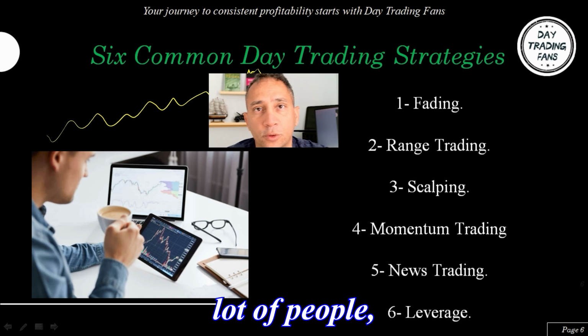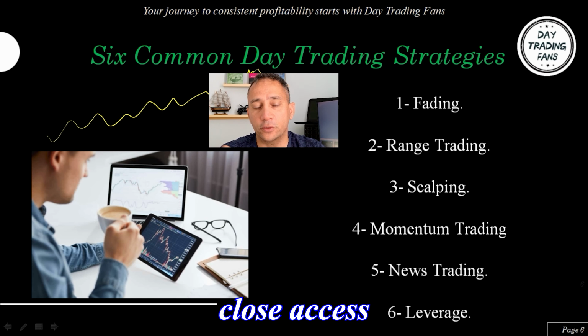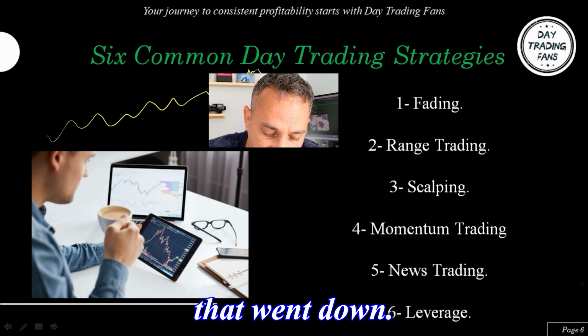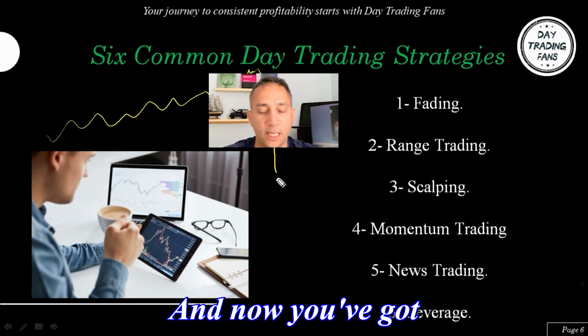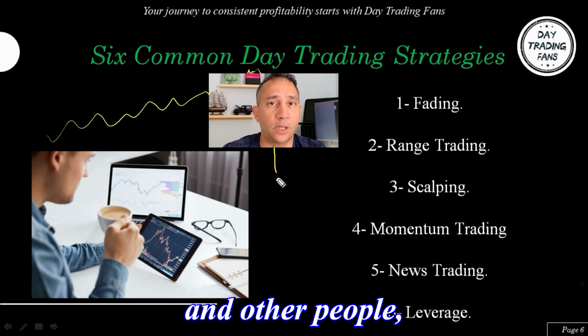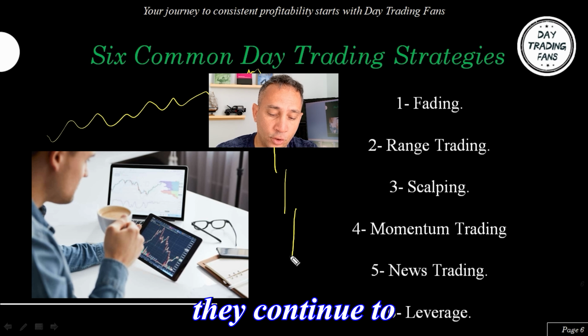Now a lot of people, especially those who do not have very close access to the market, come back in day two and say, whoa, that went down, so they sell more. And now you've got the scalpers and other technical analysis people, technical traders, who continue to shoot it down.